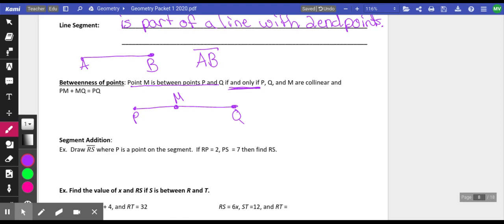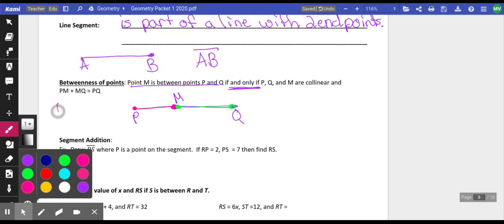If PM is this pink line segment and MQ is a green line segment, and we add the pink plus the green, we get the whole thing I started with as the purple. So PM plus MQ equals PQ, meaning the two parts added together equal the whole thing.